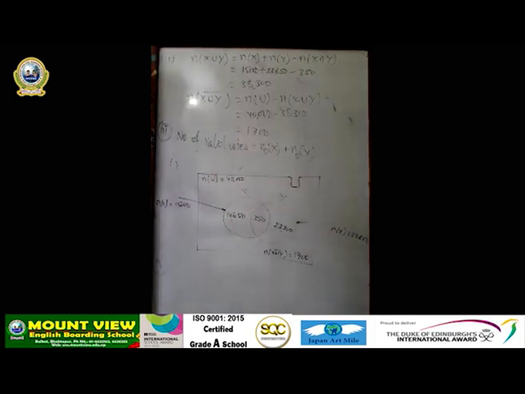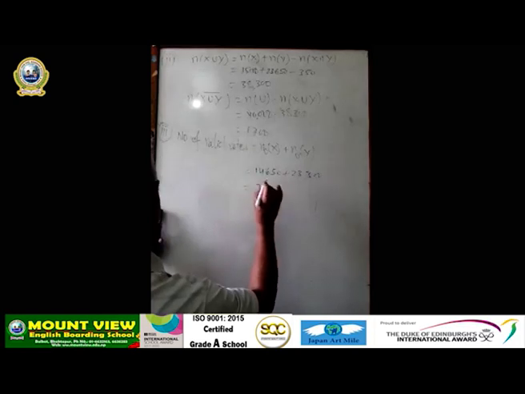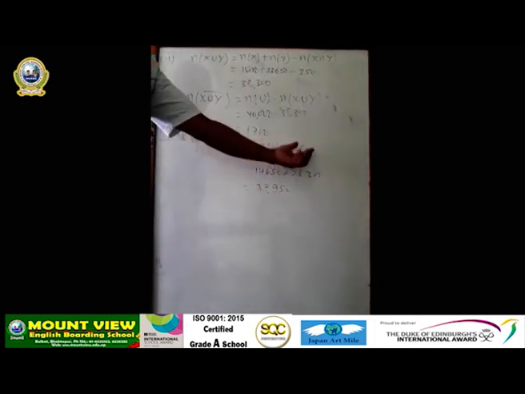And number 3, find the number of valid votes. Valid means the valid votes are only X and only Y. This is the votes got by X only, and this is the votes got by Y only. If we add only X and only Y, we get the number of valid votes.